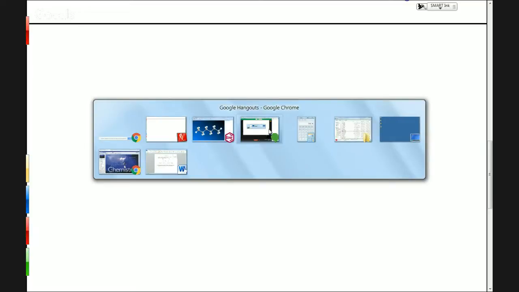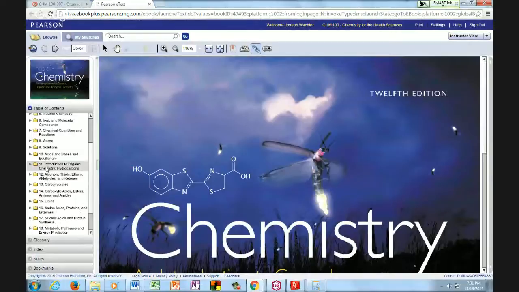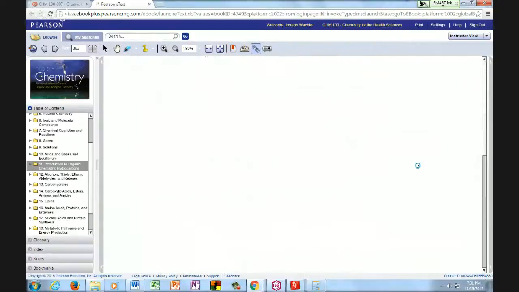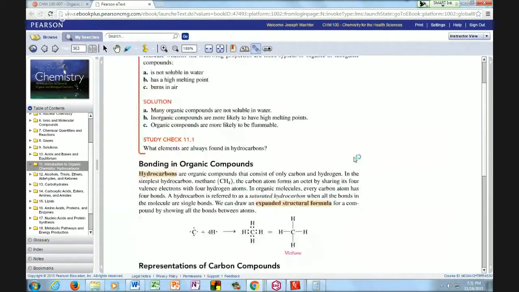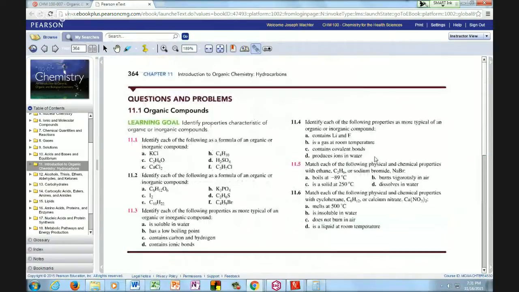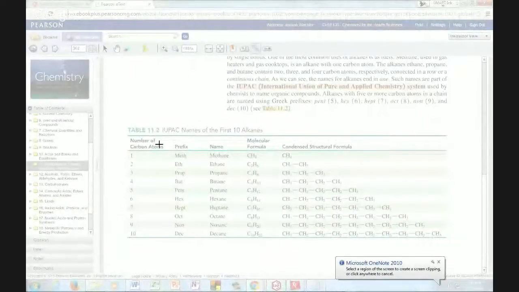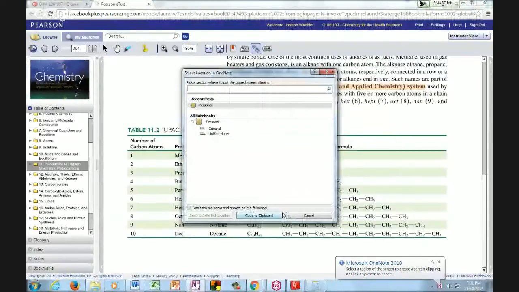Okay, rather than continue this on and on, let's grab this table from our book in chapter 11. So you can see some stuff about the properties and all that, and I'm just going to cut off part of this.